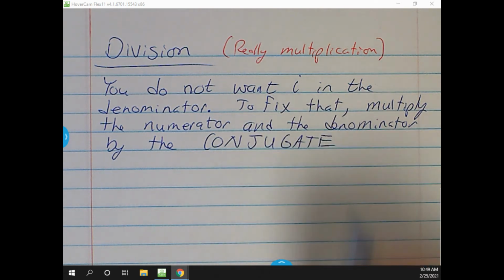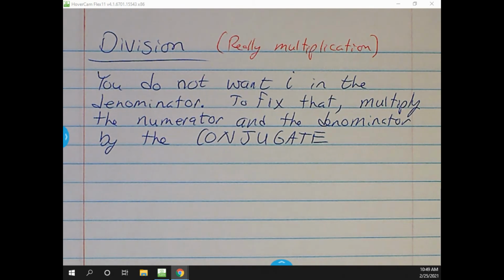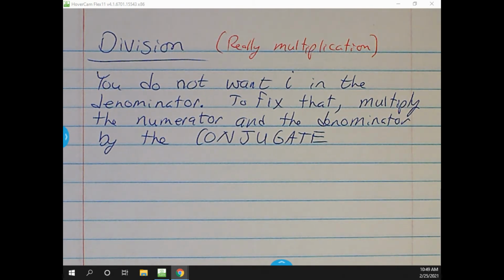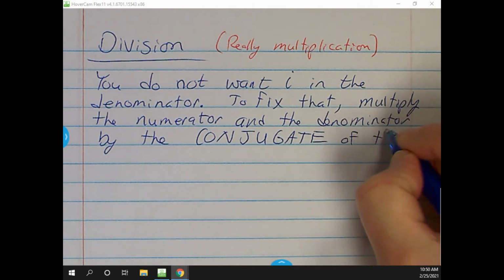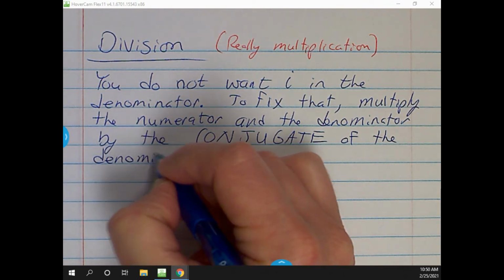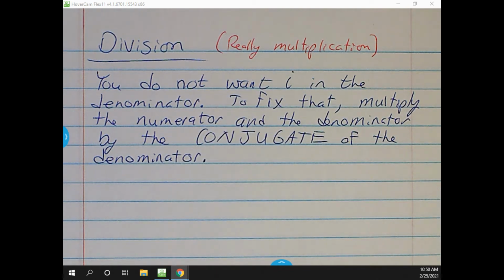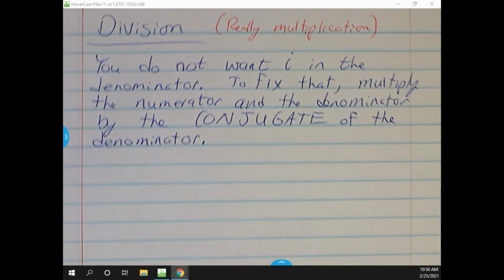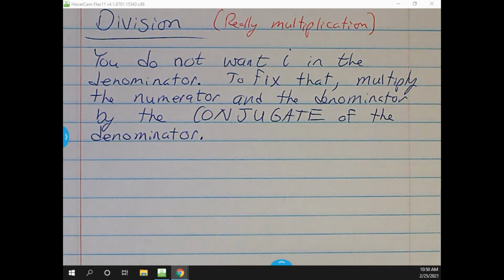If you haven't, we'll get you there, because it's not anything that's too complicated. So to fix that, we're going to multiply the numerator and the denominator by the conjugate of the denominator. Okay, and the conjugate, you may or may not have heard of this. The last problem we did was actually a conjugate. It didn't have the complex numbers in it, but it was still a conjugate.